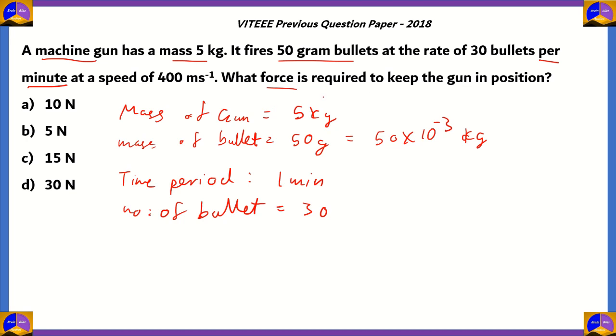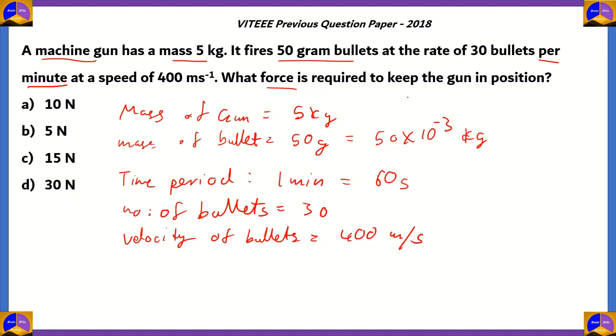We'll just find the force present in that 1 minute. So the total number of bullets is 30. And finally, we have the velocity of the bullets, which is equal to 400 meters per second. 1 minute, again, we can take as 60 seconds.